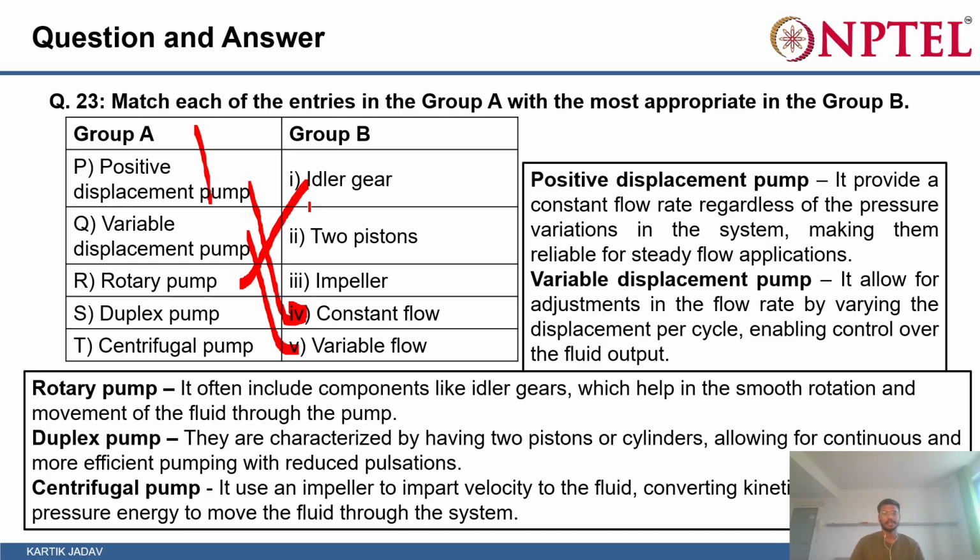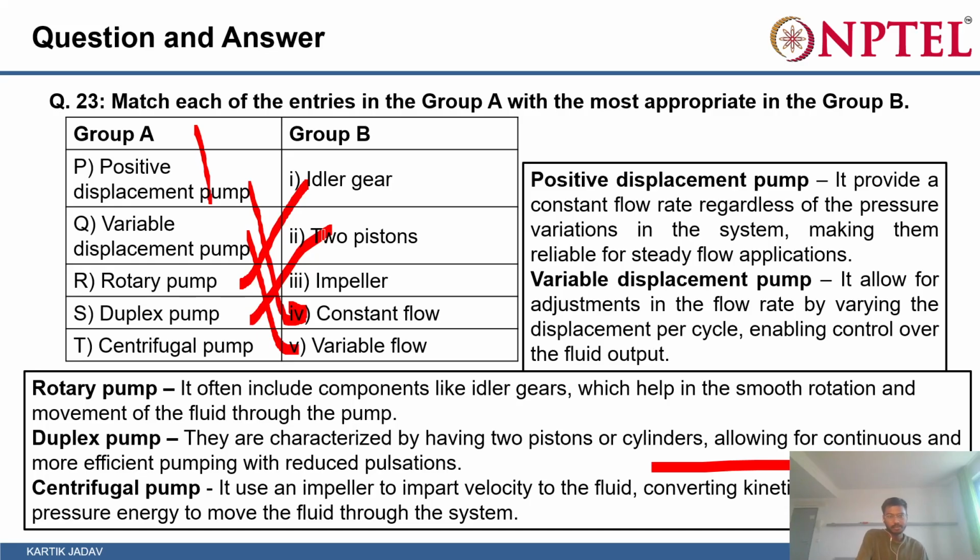And we have a duplex pump, characterized by having two pistons or cylinders for continuous and more efficient pumping with reduced pulsation.